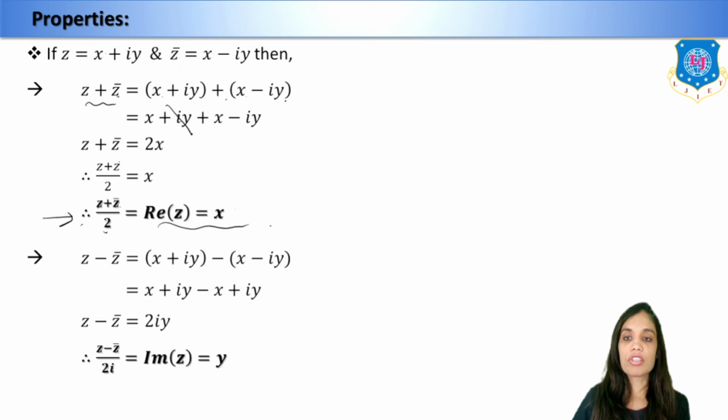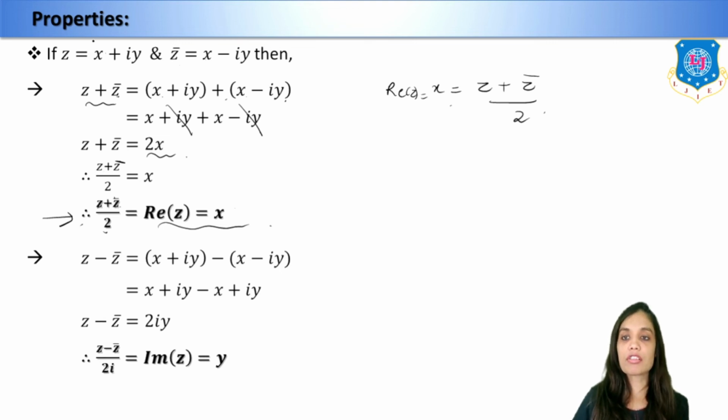Add these, so the iy terms will cancel out and only 2x remains. From this we have obtained that the real part of z, or x, equals z plus z bar upon 2. We can remember this: x equals z plus z bar upon 2, also known as the real part of z.